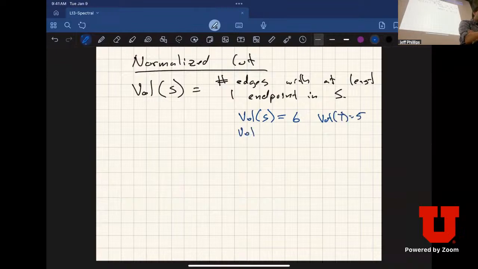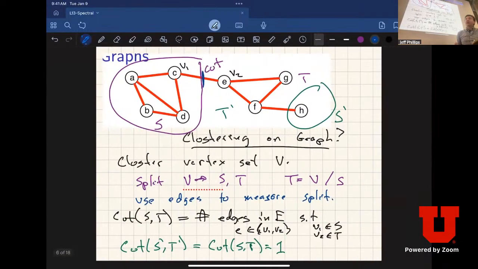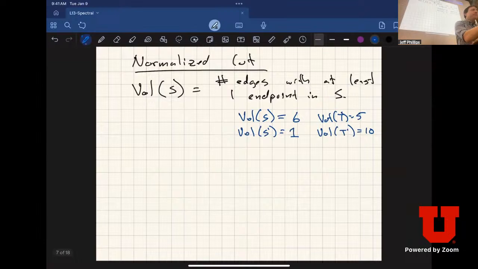The volume of S prime was going to be 1. Remember, S prime was the smaller piece, and the volume of T prime was going to be 10. There are a total of 10 edges in this graph, and they were all in the volume of T prime.